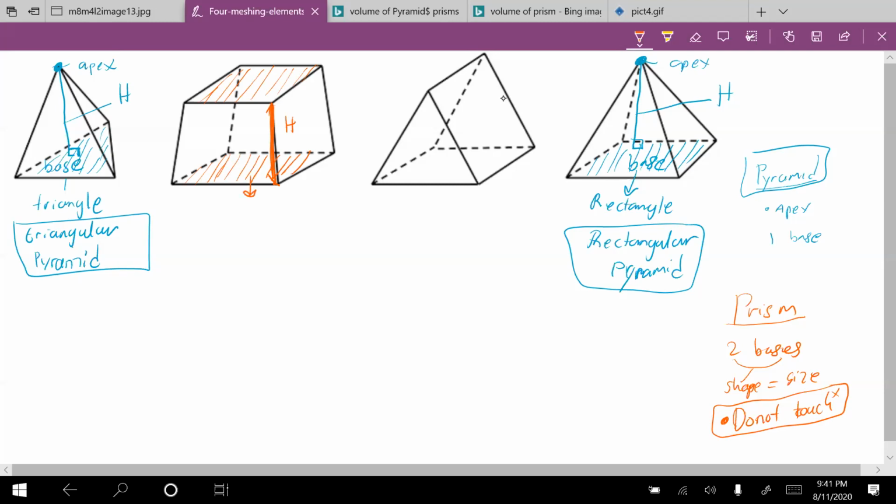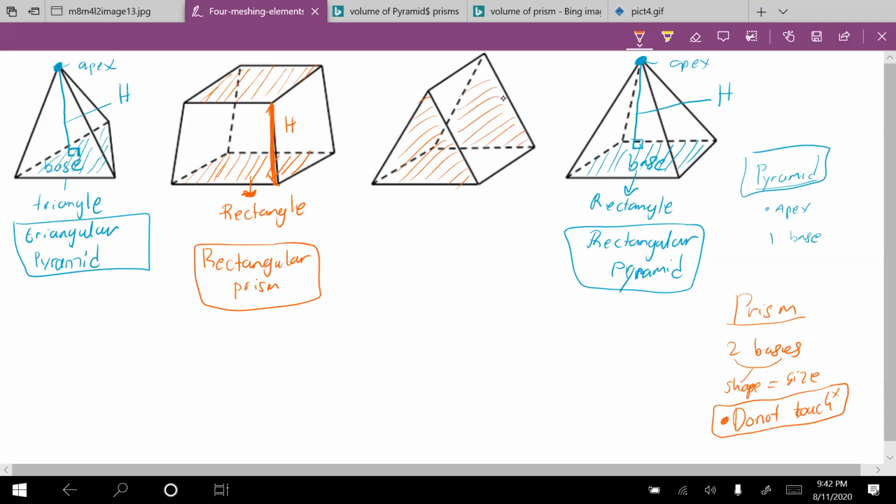So this is the height of this prism. The shape of the base is a rectangle, so we call this figure a rectangular prism. And remember, this is another prism, and the only sides that do not touch each other are this side and that side.